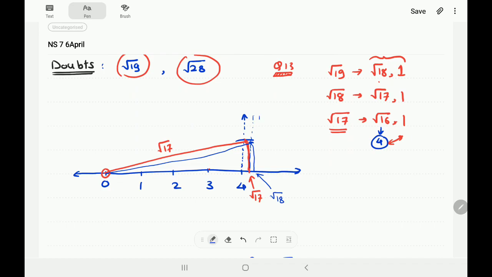If I take a perpendicular on root 18, take 1 unit distance here and join it from the origin, take it down, and that is my root 19. This is how I have to solve.